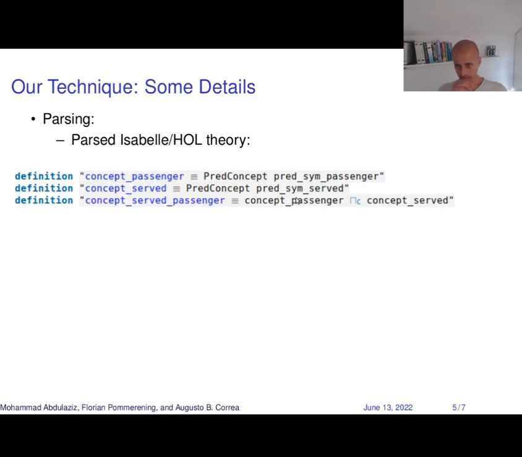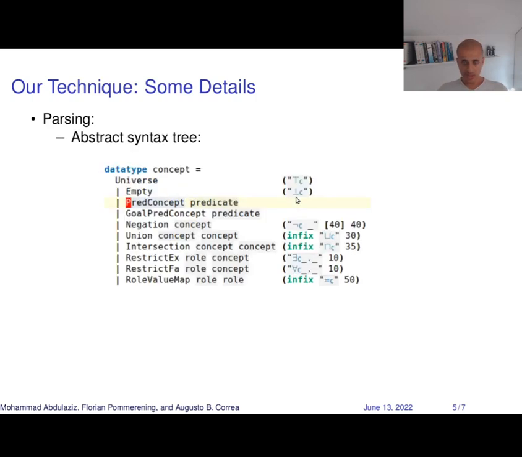To make this parsing possible, we have formalized the abstract syntax trees modeling the different structures of the specification. In order for us to formalize that abstract syntax tree, we use Isabelle/HOL's algebraic data types. For example, we say that a concept can be one of a few cases: either a universe, or an empty concept, or an atomic predicate concept, or an atomic goal predicate concept, or the negation of another concept, or the union or the intersection of other concepts.